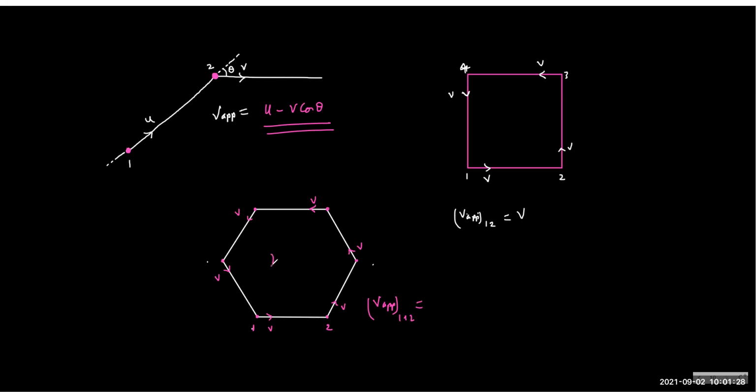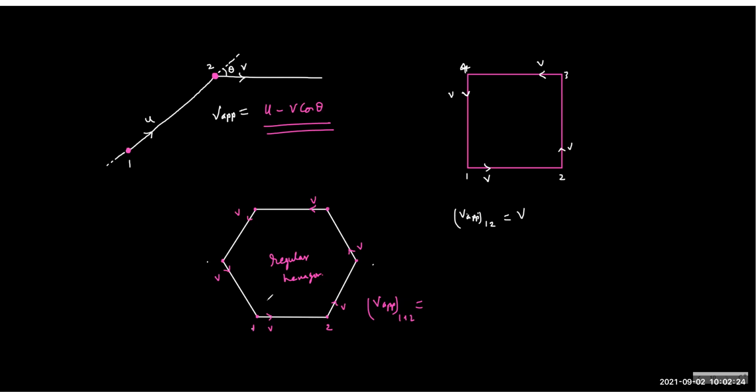It's a regular hexagon, so you know all the angles. Sir, is it V by 2?